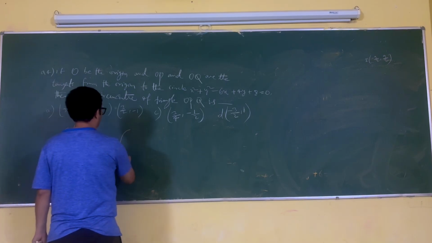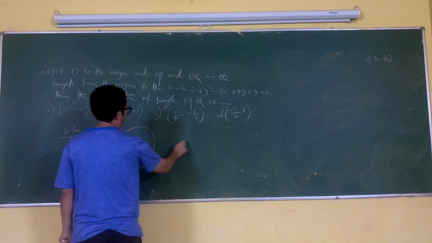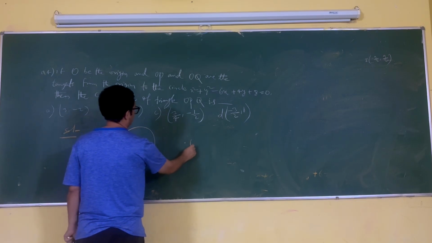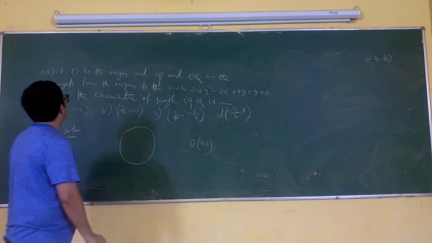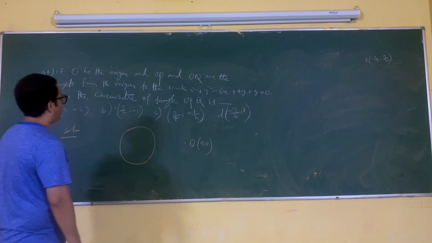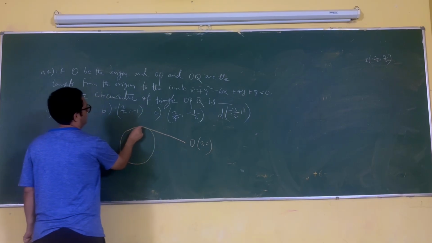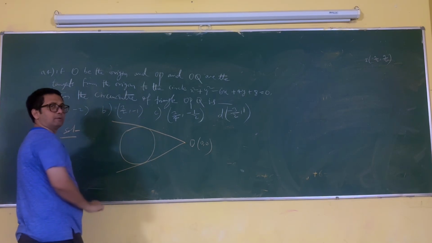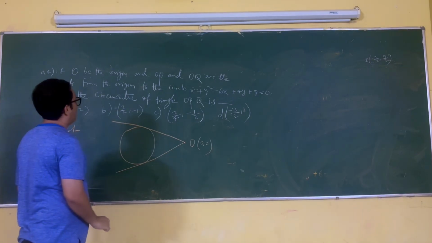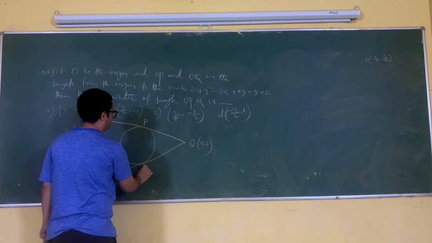So this is the circle, and from O, this is origin, O (0, 0) of course, OP and OQ. So these two are the tangents, yes, this is a point P and this is a point Q.